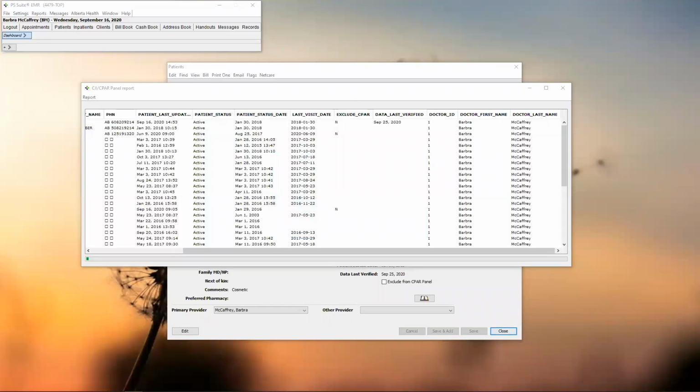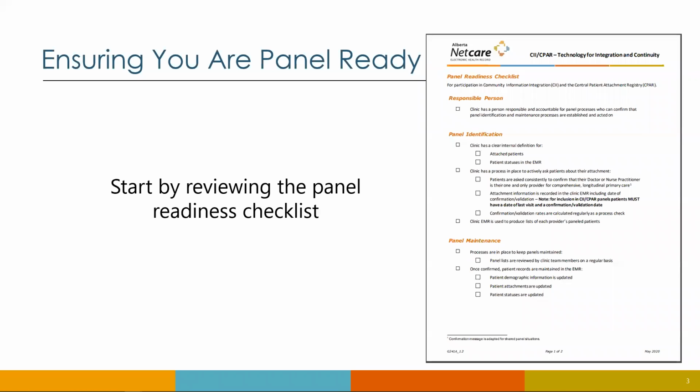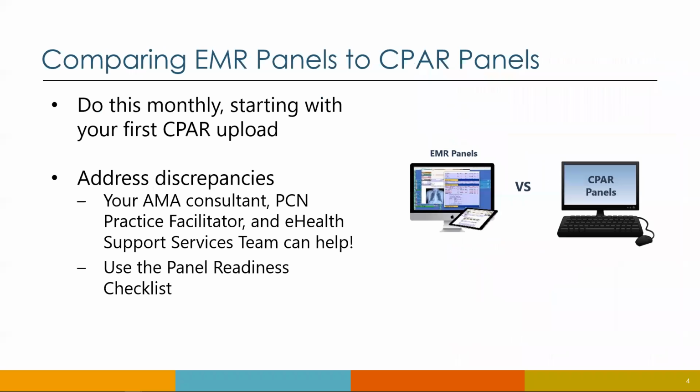So now let's go back to our presentation. After your first CPAR panel upload, you will want to run the custom query that we just looked at again to compare the panel numbers in your EMR to the panel numbers that you obtain in the CPAR application. If the numbers differ, you'll want to investigate why and address any issues identified.